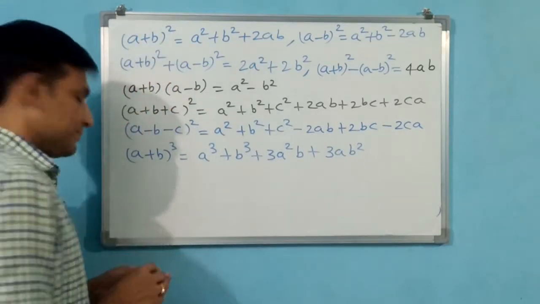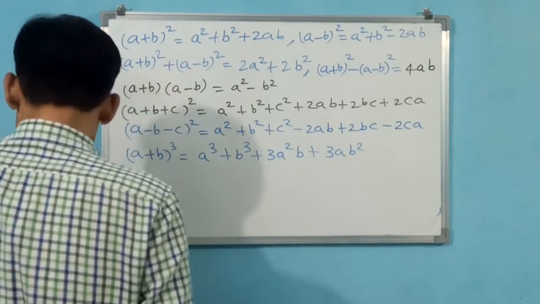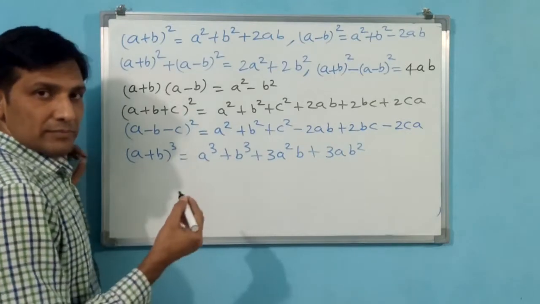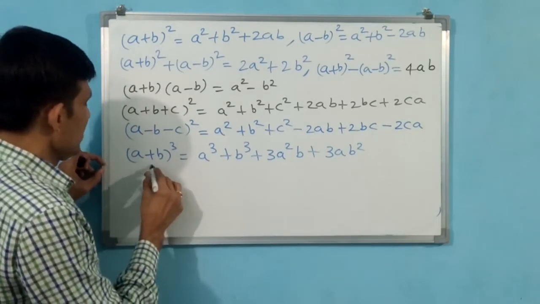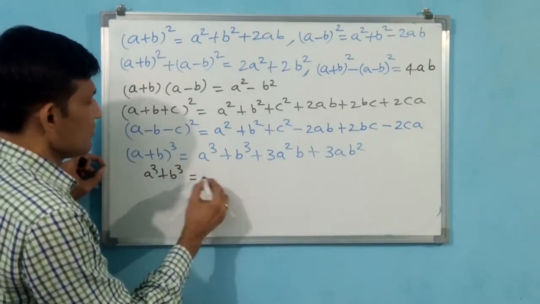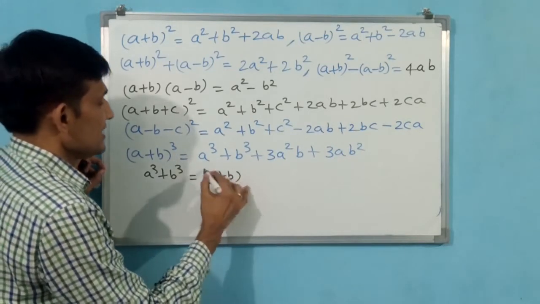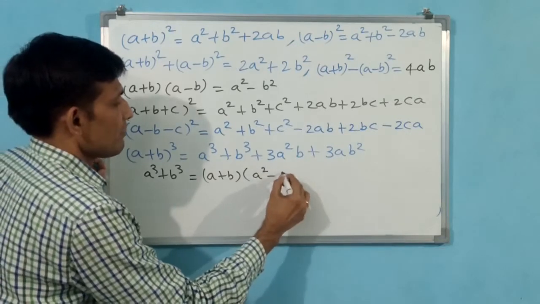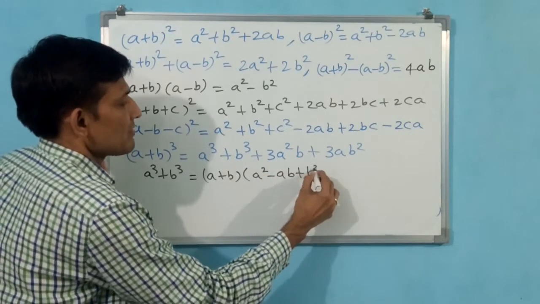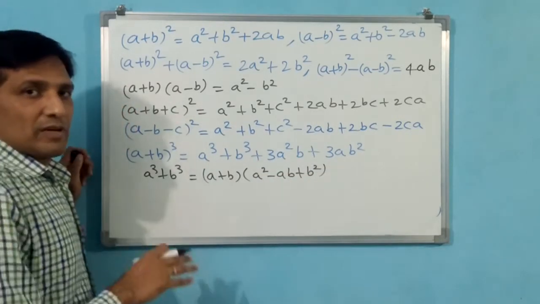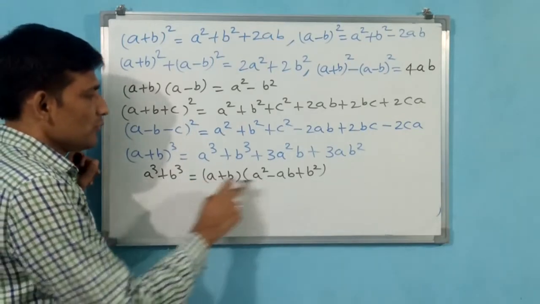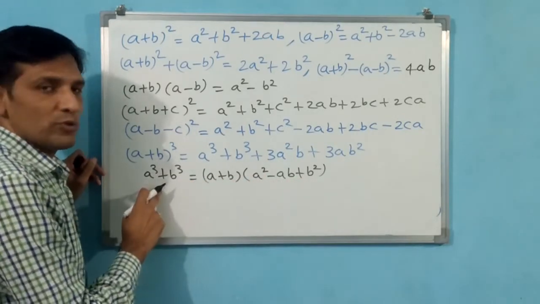This is the formula. But the direct formula won't come in the exam. A cube plus b cube is equal to a plus b into a square minus ab plus b square. This formula will come.